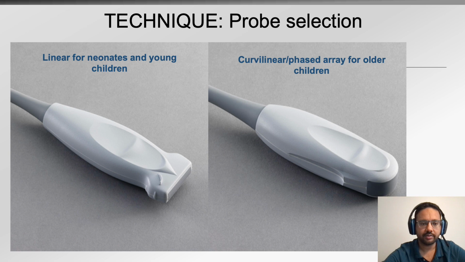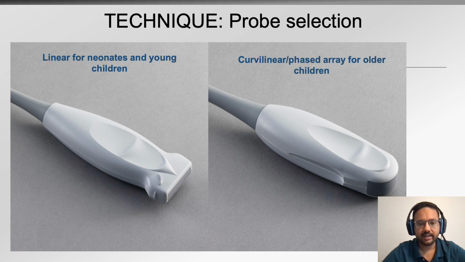However, if I have a grown-up child, such as a teenager, I prefer to use a curvilinear probe or an abdominal probe because it has such a big, wide sector that it can cover large areas of the lung. And we know the lung is one of the larger organs in the body, so to diagnose things more effectively, it is better to scan as much of the lung as possible.